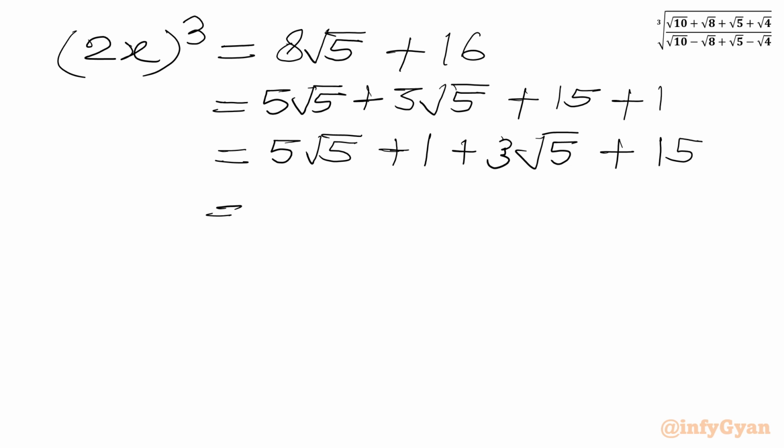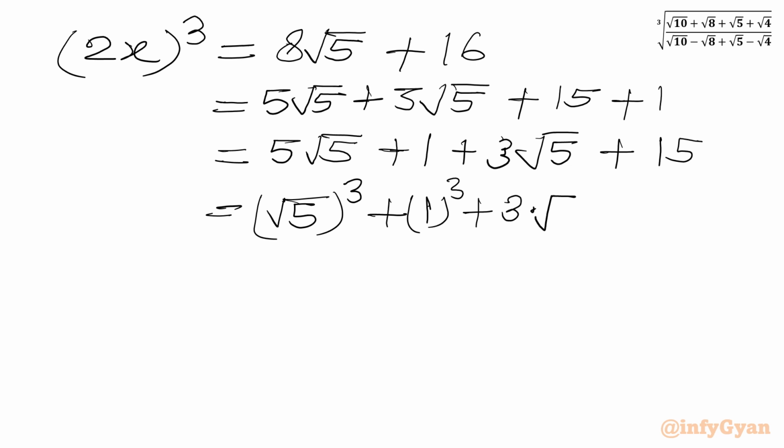So I can write here 5 root 5, this is root 5 whole cube. 1 I can write 1 whole cube. 3 root 5, I can write 3 times root 5 times 1 squared. And then 15 I can write 3 times root 5 squared times 1.